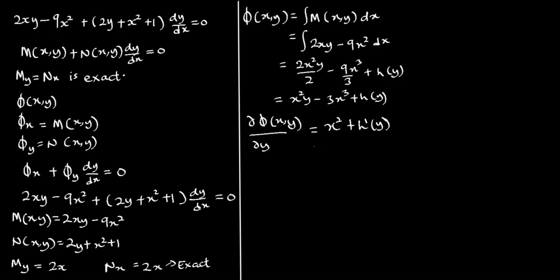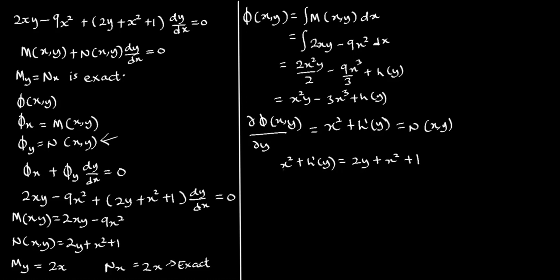Now we are going to compare this to N(x,y), because anytime you find the partial derivative of phi(x,y) with respect to y, it should be equal to N(x,y). So we equate this to N(x,y). I have x squared plus h prime of y equal to N(x,y), which is 2y plus x squared plus 1.